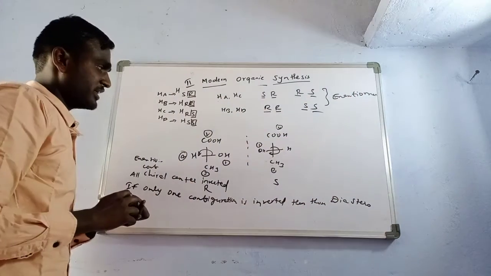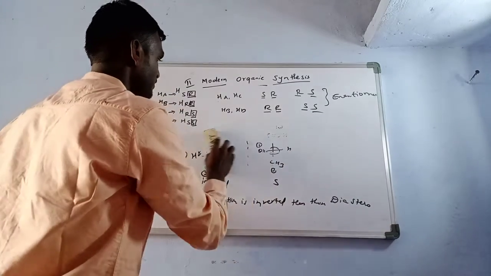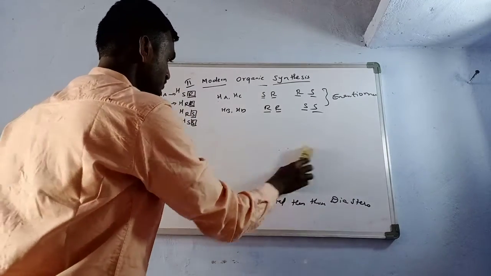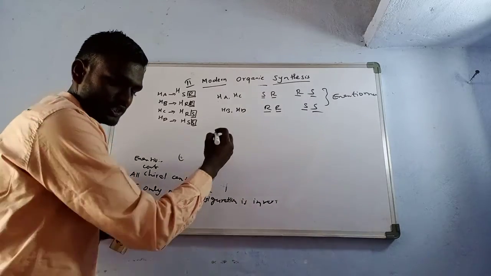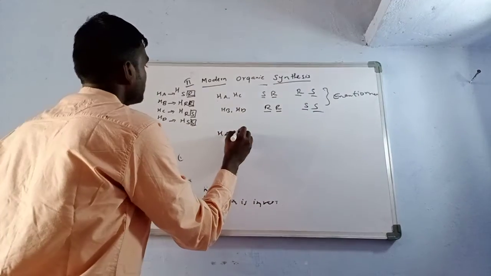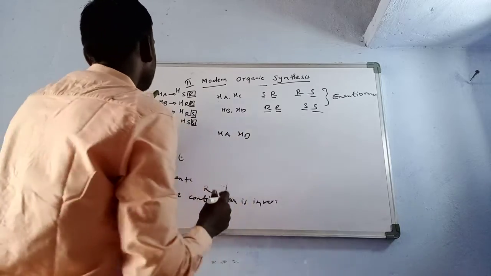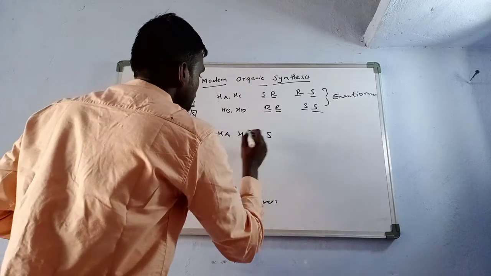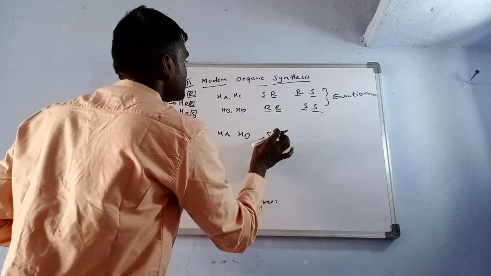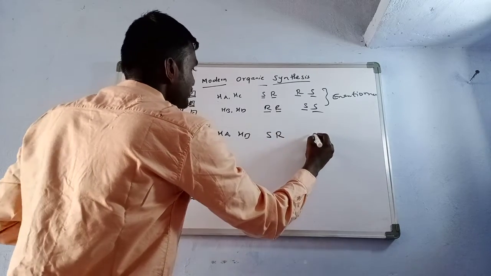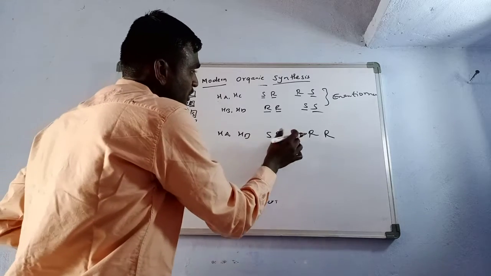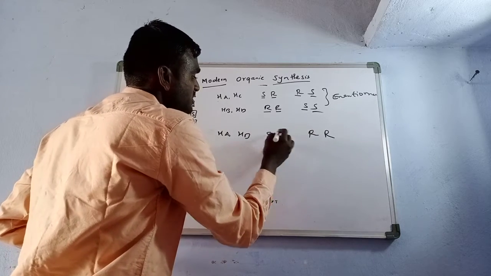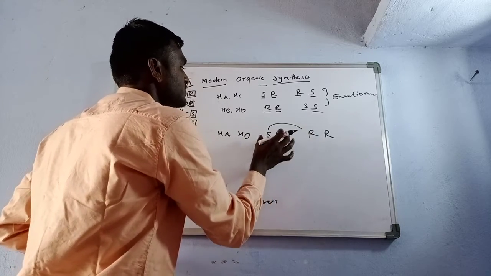In the same way, if we are seeing the diastereotopic relationship, HA from HB. If we are taking HA and HB, and the HA configuration is S R and the HB configuration is R R. See here, in this molecule only one of the chiral center configurations is changed.